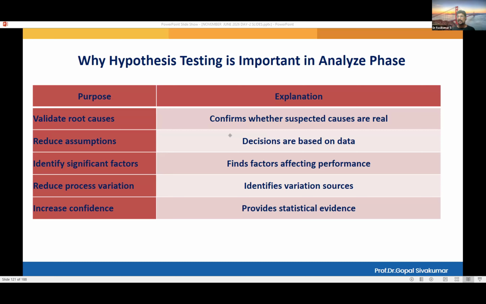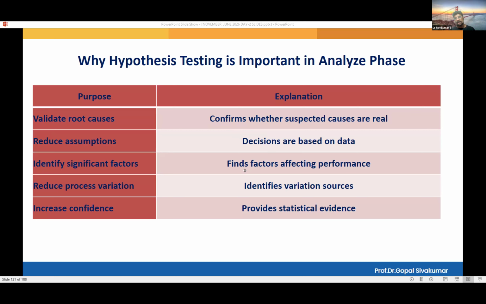If you assume and take a decision, the chance of that decision being correct is 50-50, like when you spin a coin: the chance of getting a head is 50 and the chance of getting a tail is also 50. Like that, when you decide based on assumptions, the chance of error is more. Here, we are going to decide based on data.